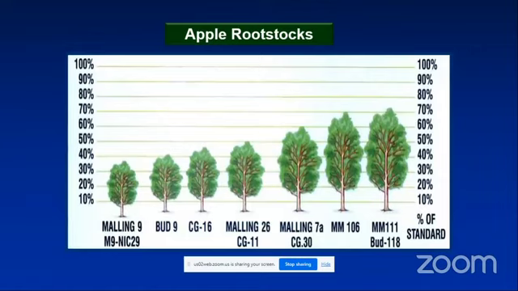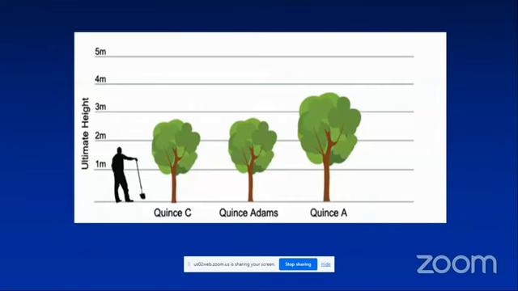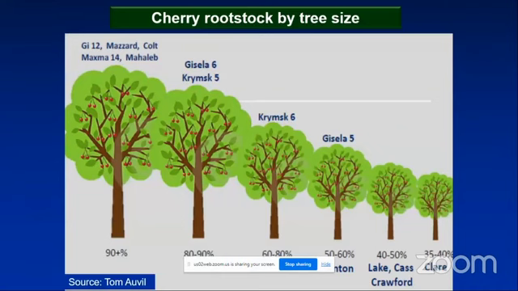This is how apple rootstocks behave, like MM111, 106, then Malling 7A, then Malling 26, then the Malling 9 series. It is very much clear from the picture which type of canopy we require, in the case of quince, peach, and pear also.